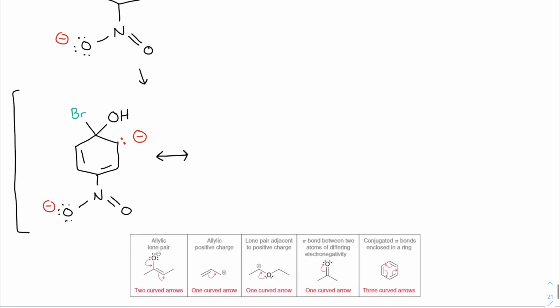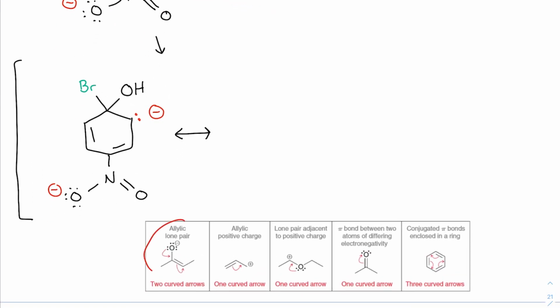And you'll notice from this allylic lone pair, when you have an allylic lone pair, the lone pair goes to form a new pi bond toward the pi bond that it's allylic to. And the pi bond that it's going towards, that gets pushed, and the electrons form a lone pair on the atom on the other end of the bond.